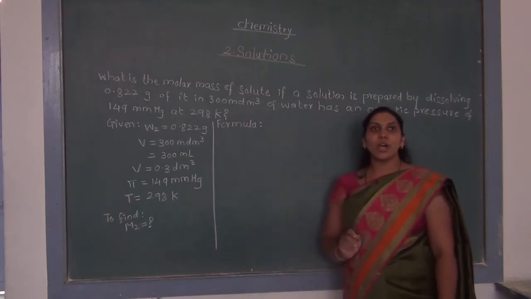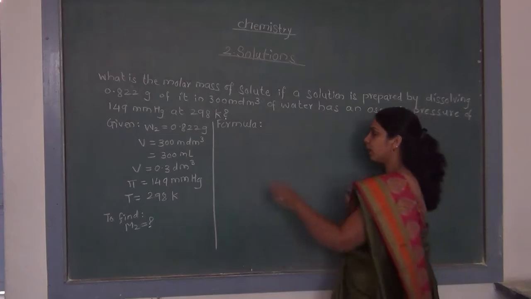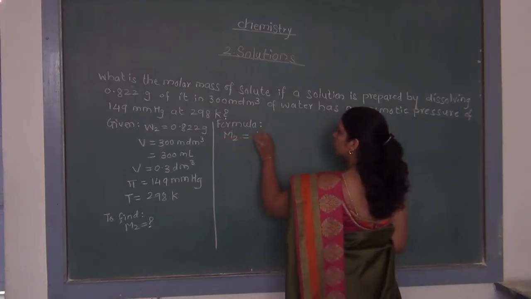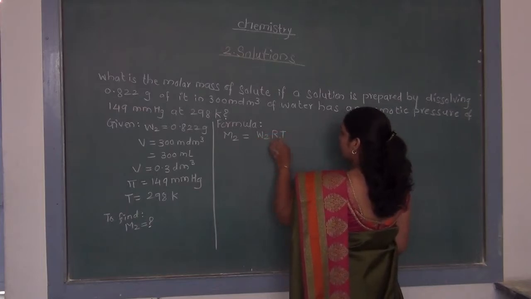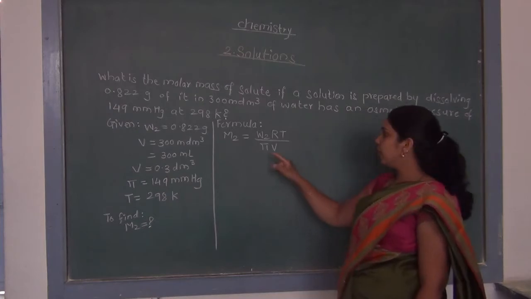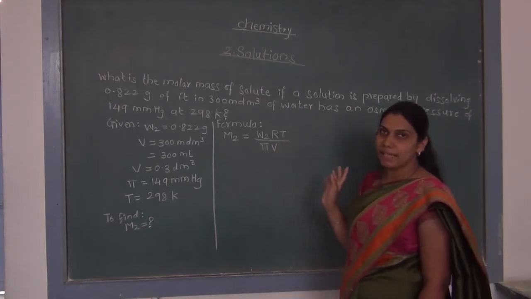For the relation of osmotic pressure with the molar mass of solute, we have the formula M2 is equal to W2 RT upon pi V.